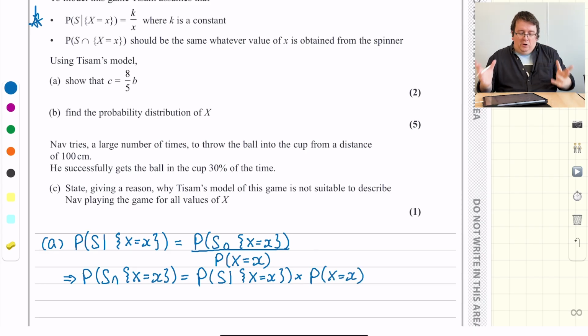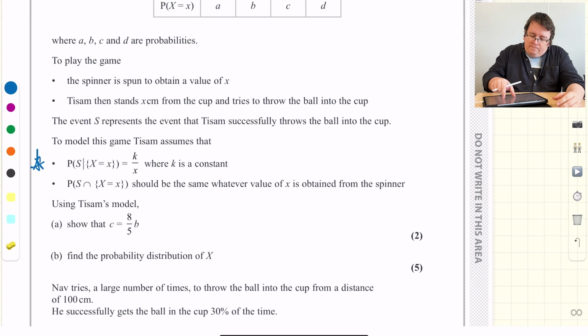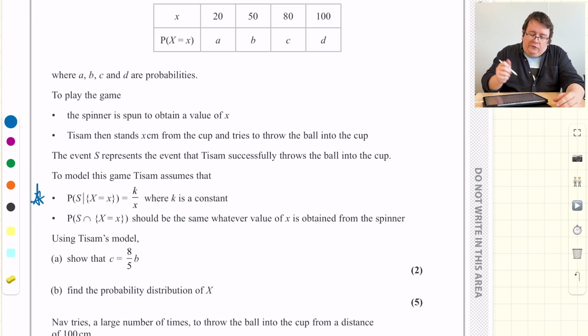Now this still looks fairly complicated. What we're saying here is, because we'll look at C and B here, we'll look at these two for the moment.